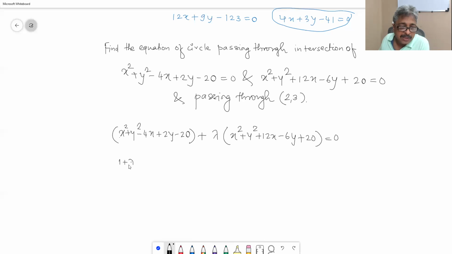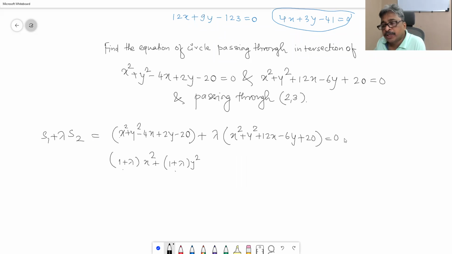Yes. 1 plus lambda times x square plus 1 plus lambda times y square. Same. Is there any xy term? No. Therefore, S1 plus lambda S2 is also the equation of a circle. It is also a family of circles.